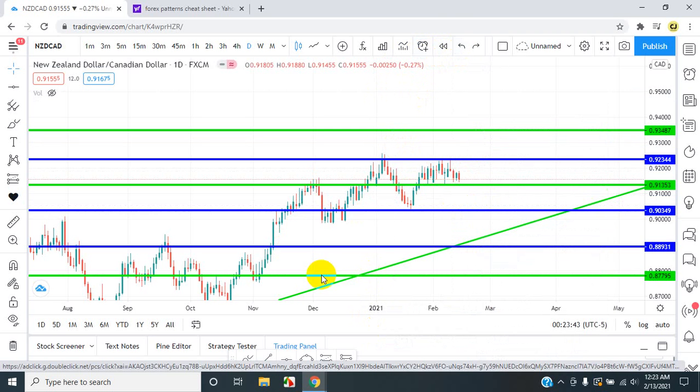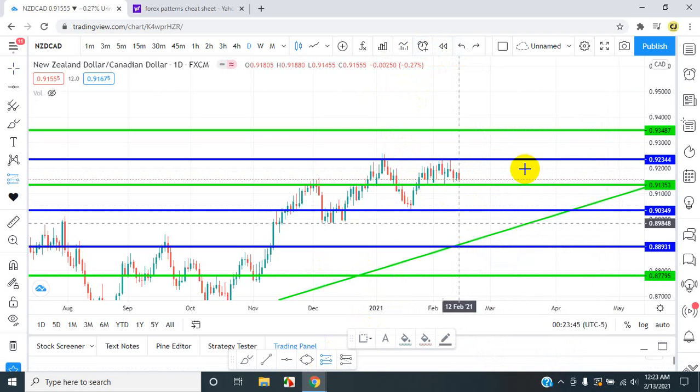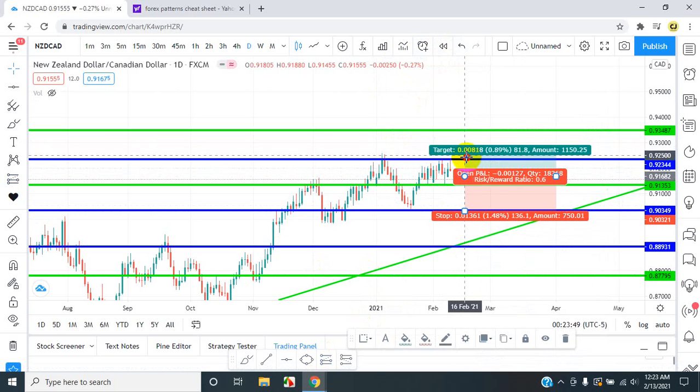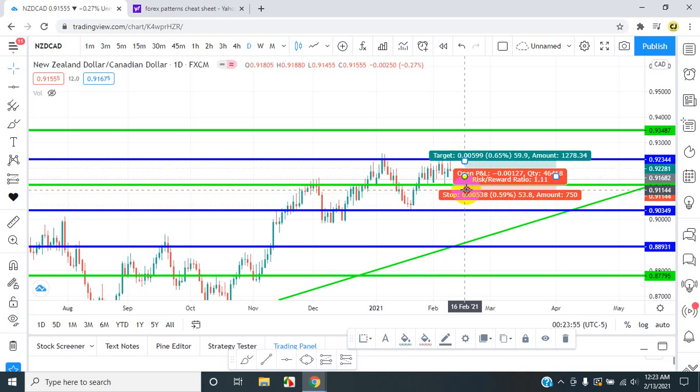Once we see that double pattern happen, we can jump in and ride it up to the next level here. That'll give us about 69 pips. For coverage, we bring our stop loss back to our green line, just a little bit below, about 43 pips below.